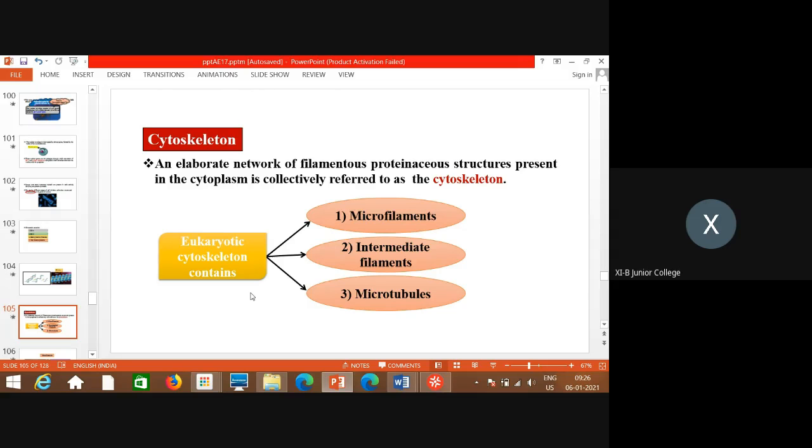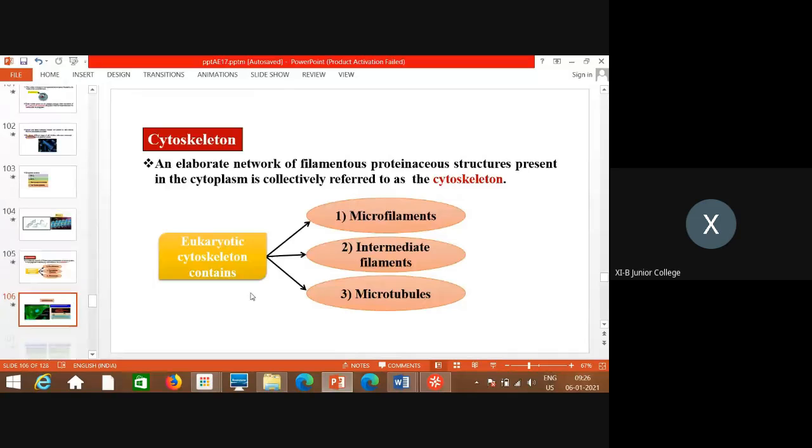Second, site for synthesis of DNA, RNA, and ribosomes. Then the next, give the number: chromosome number being constant for a species. Now you know how the number is constant for a species, for example in human beings. How many chromosomes are present in a human being? In the same way, each and every species has its number of chromosomes constant for that particular species.